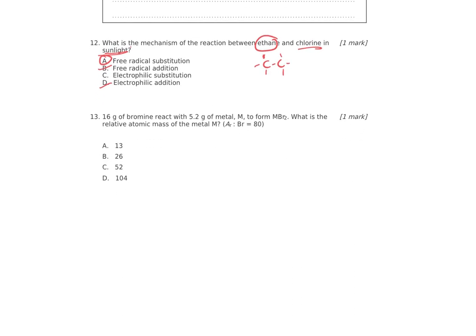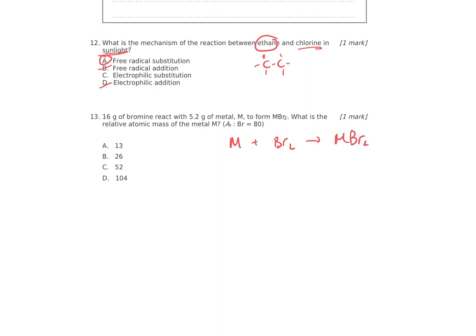Number 13, 16 grams of bromine react with 5.2 grams of a metal. What is the relative atomic mass of the metal? So looking at the equation, it's going to be the metal plus bromine, because bromine always exists as Br2, making MBr2.